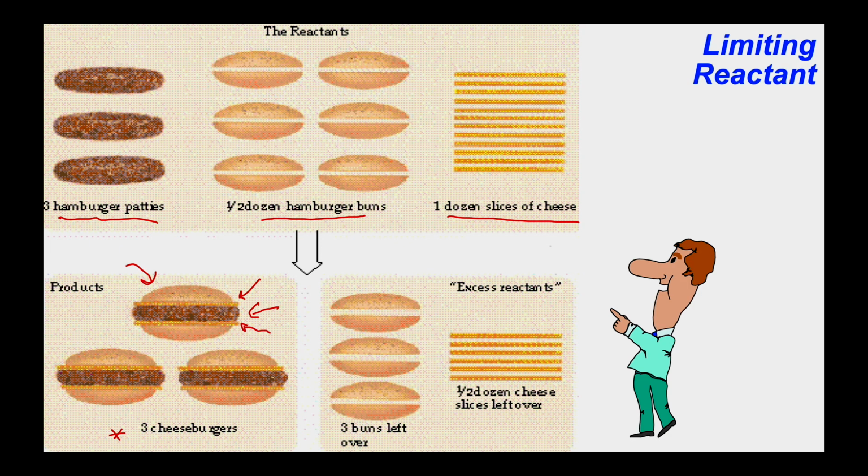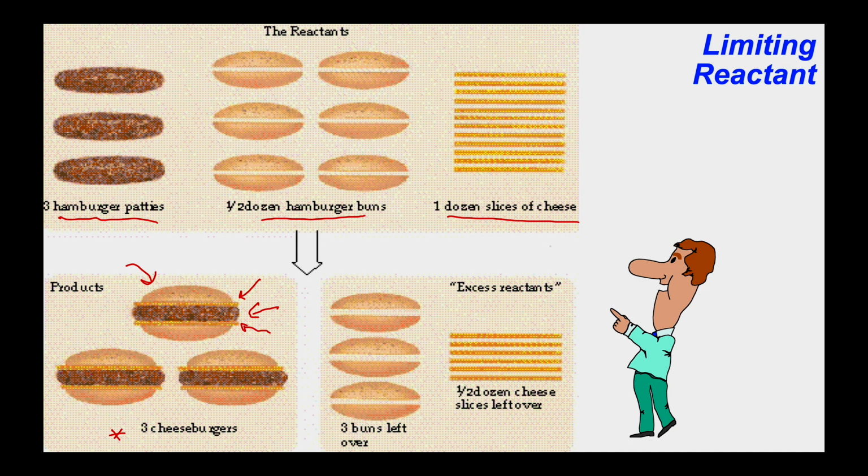So we would call the hamburger garden burgers the limiting reactants. They're limiting how much product you can make. And again, in this silly example, the product is this burger with 2 slices of cheese and a bun. The buns and the cheese I would call excess reactants, or reactants in excess, because there's more of those around than you need.